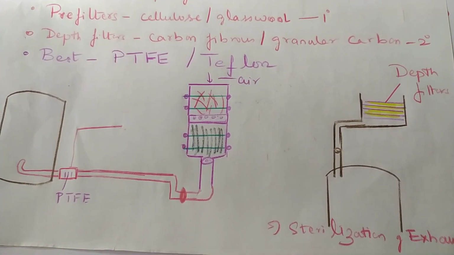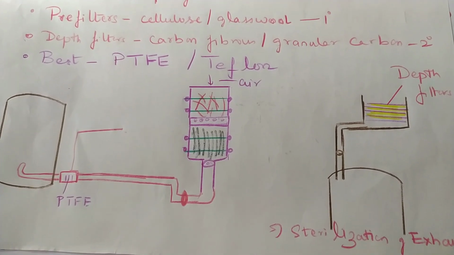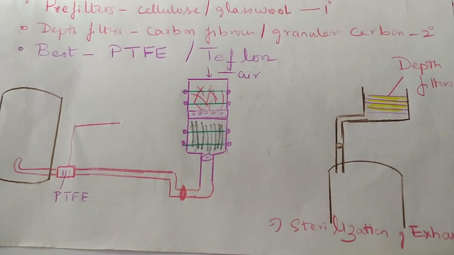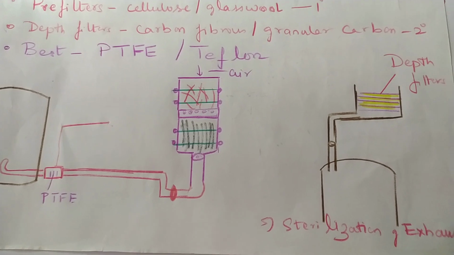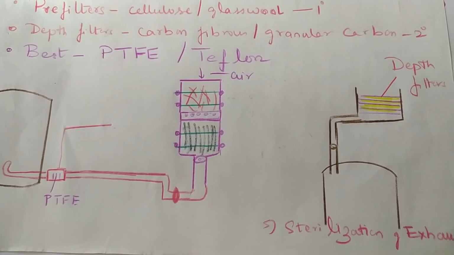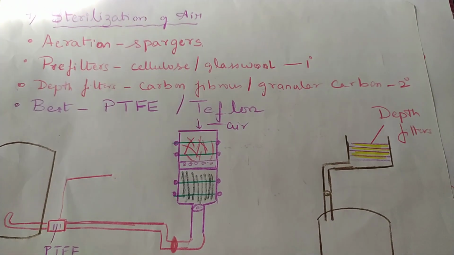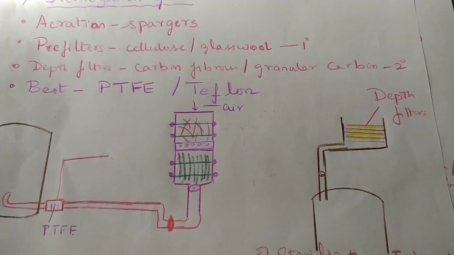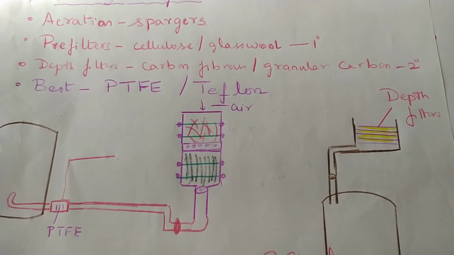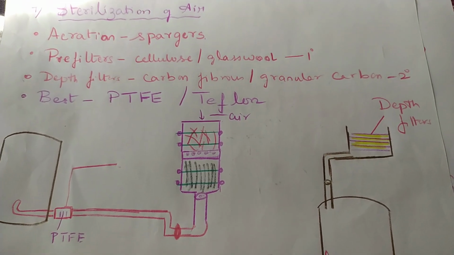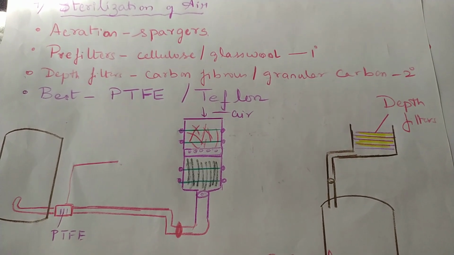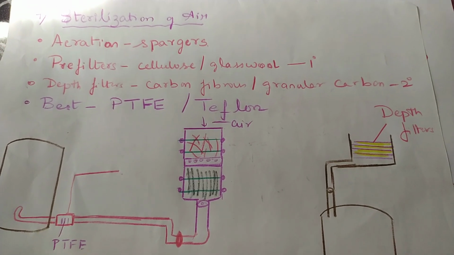Finally, the water goes for tertiary treatment, where you bleach the water with chlorine, and thus all the microbes will be destroyed, and the water released from the industry can be used for other purposes, not for drinking. It's not potable water. Keep these things in mind.